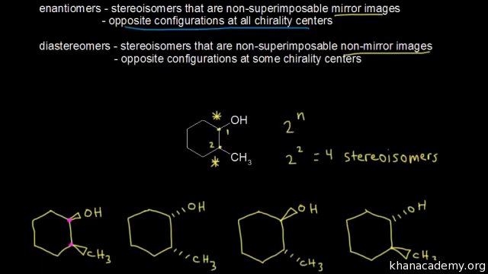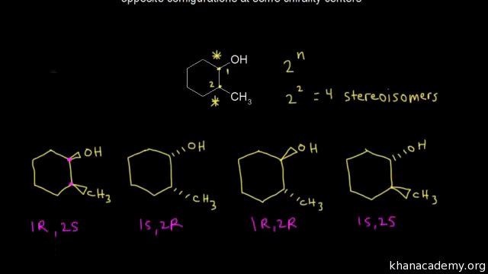That works. Sometimes it's easier just to look at the structure and say, how do the configurations compare at all of my chirality centers? And you can see that at carbon 1, we started with a wedge over here on the left, and then we switched it to a dash over here on the right. And that switched our absolute configuration at carbon 1 from R to S. So at carbon 1, we have an opposite configuration at our chirality center.